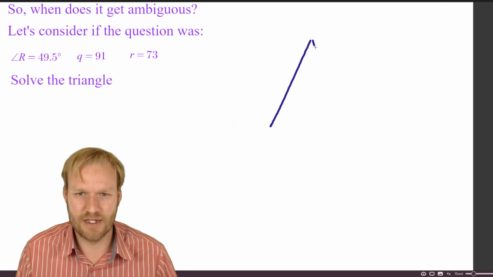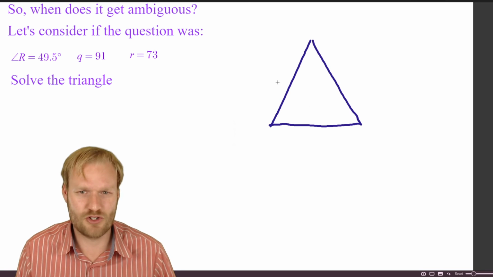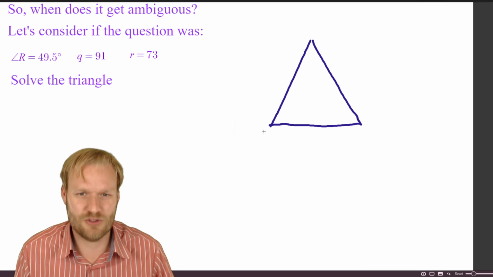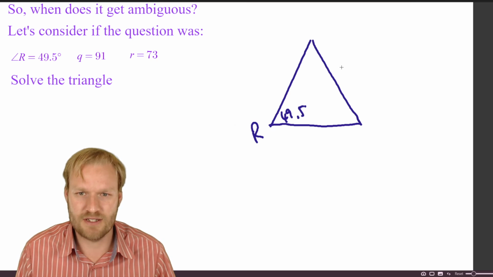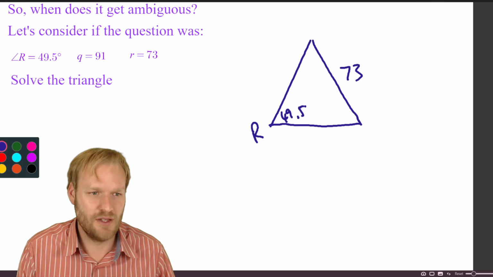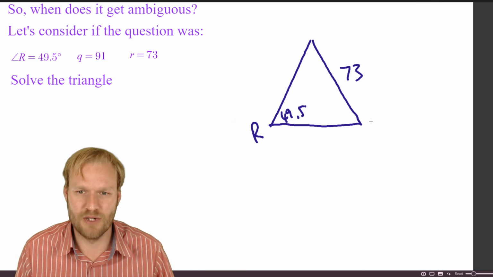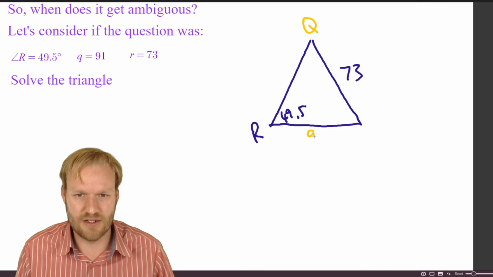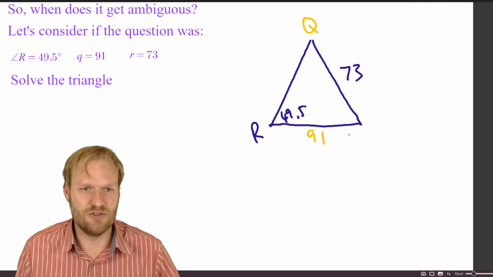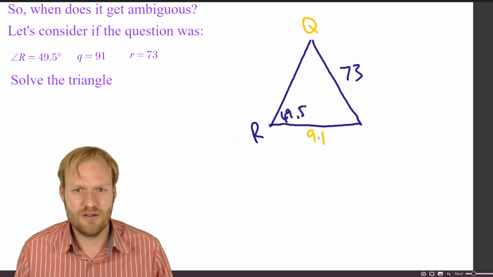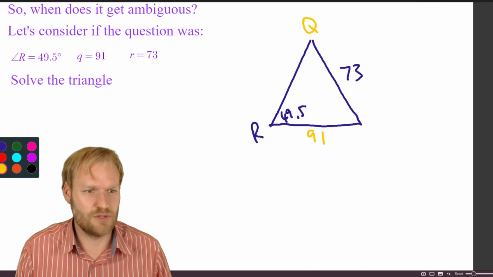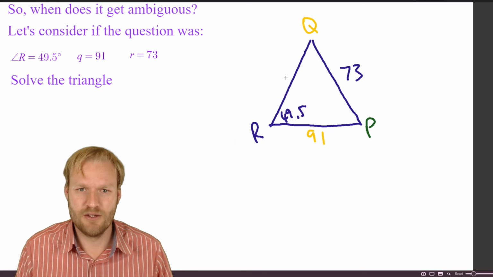I'm going to draw it like this, almost like an equilateral triangle, because all we're interested in is that we've got R over here, and this is 49.5 degrees, and the side opposite is 73, and we're given Q, doesn't matter where Q is, let's put Q over here, and the side opposite that is 91, and that's all we're given, right? An angle, the opposite side, and another side.